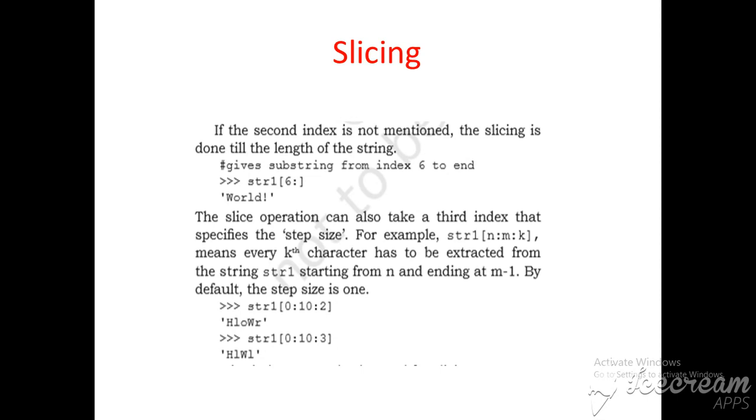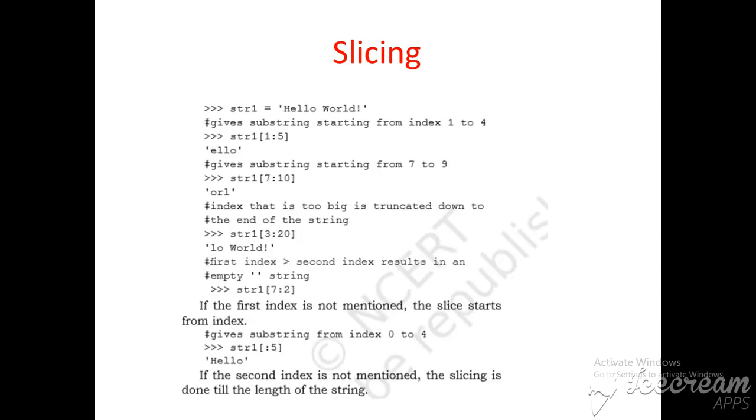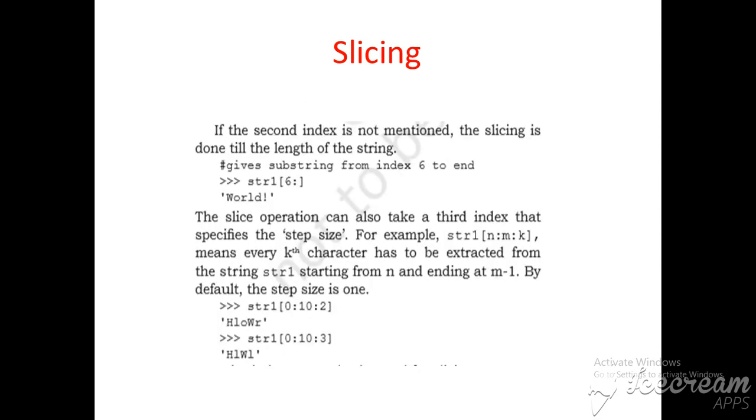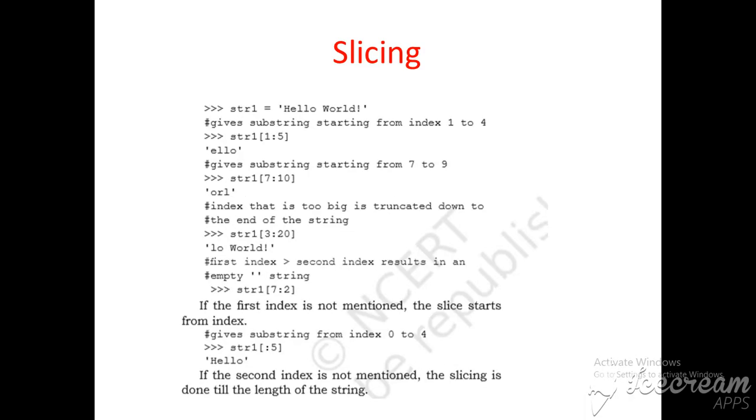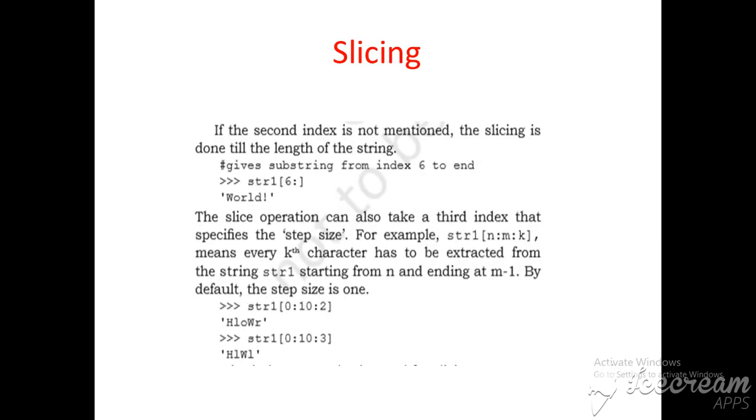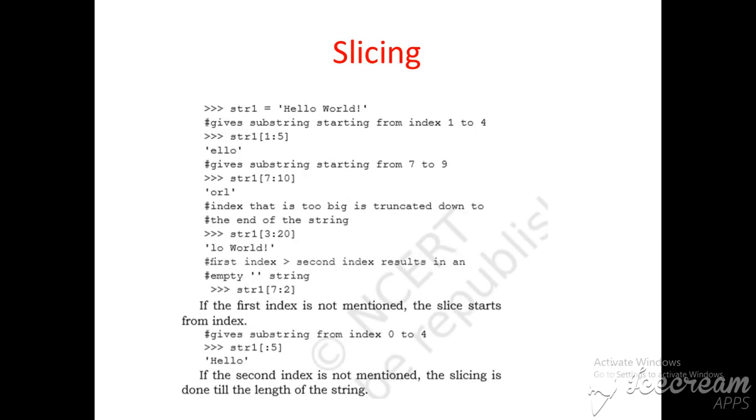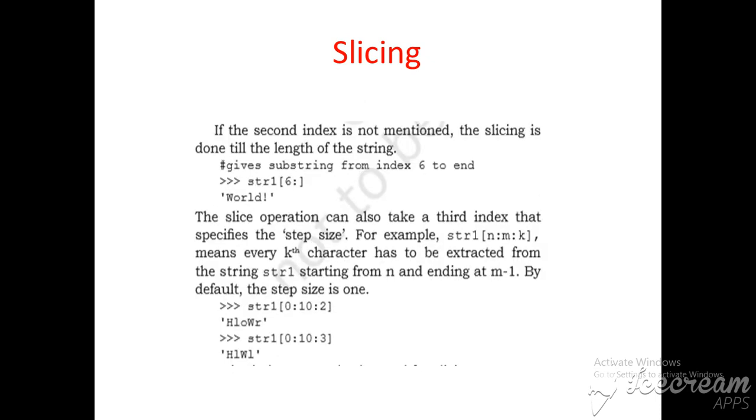So it returns HLOWR. H starts from 0, plus 2 gives L, plus 2 gives O, plus 2 gives W, plus 2 gives R. This is the way of slicing. Next, str1[0:10:3] starts from 0 up to 9, with step value 3.